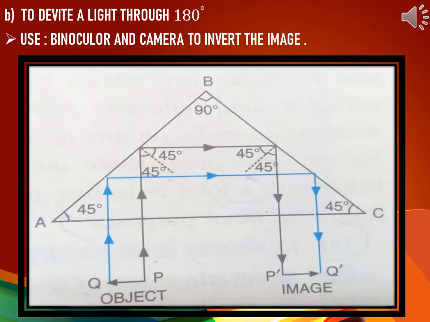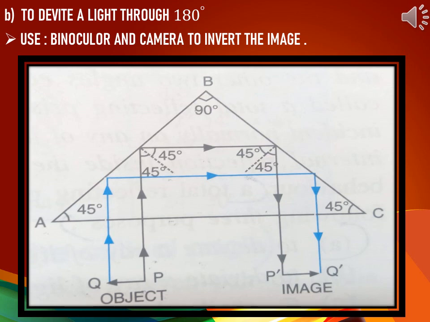The second case is deviation of a ray of light through 180 degree. In figure, the beam of light from the object PQ falls normally on the face AC of the prism, that is the hypotenuse. So, it enters undeviated inside the prism and strikes the glass-air interface AB of the prism.